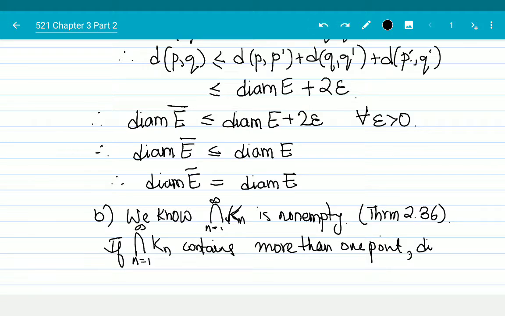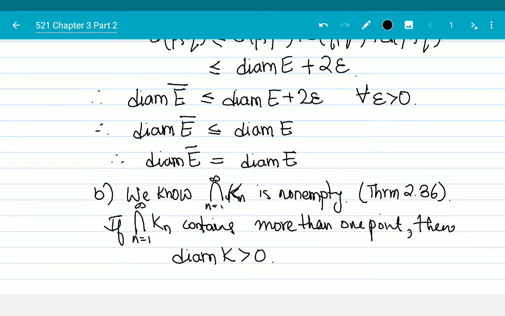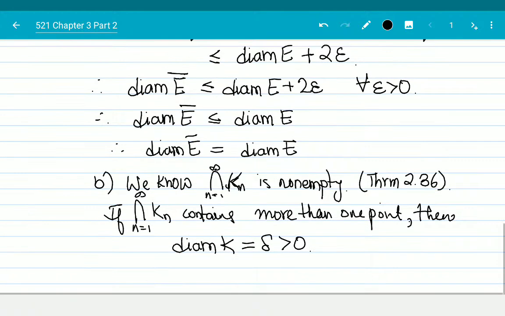Then diameter of K is greater than 0. Okay. And therefore, let us call it some delta, which is greater than 0, right?